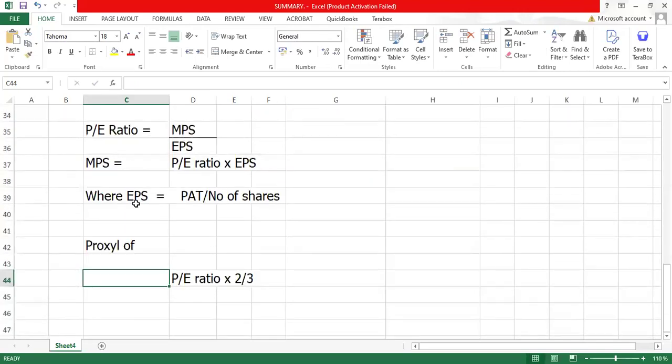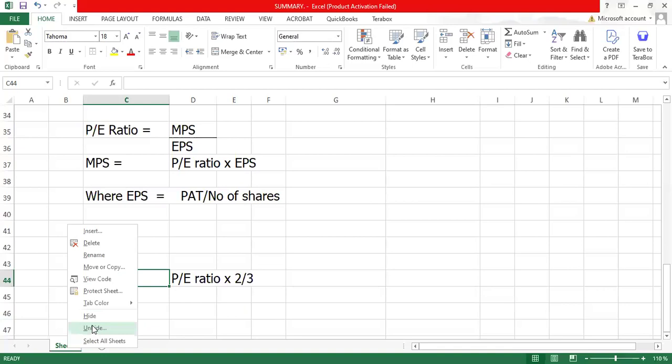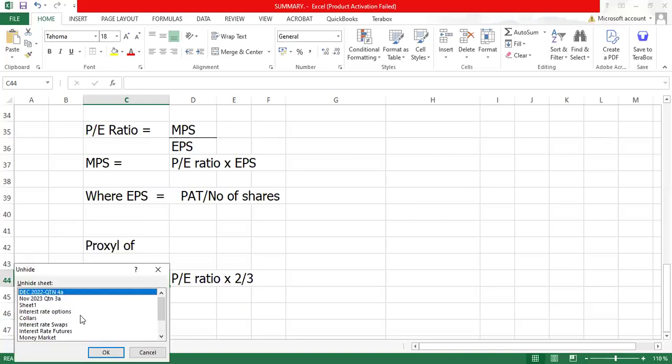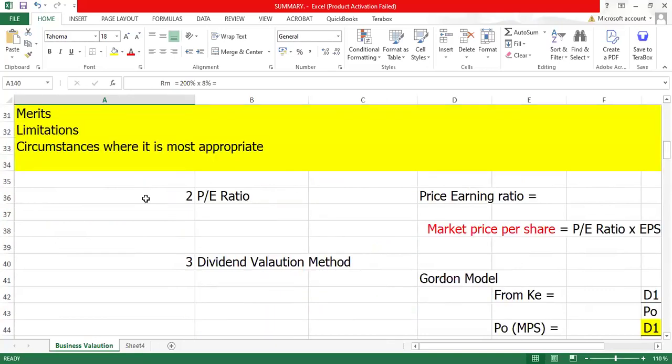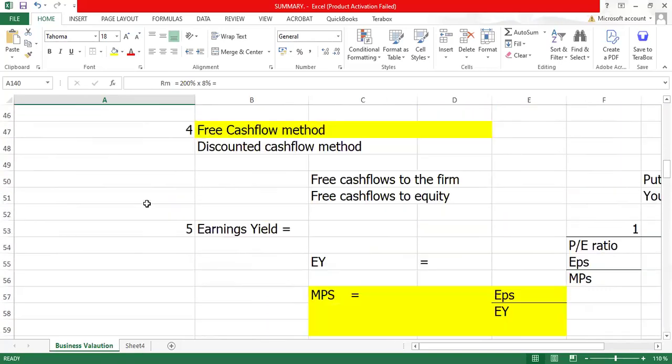I believe we have tackled all the methods. From yesterday we are handling the business valuation. I believe we have tackled all the methods that we talked about.